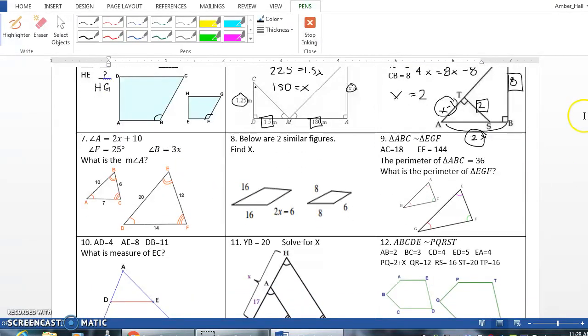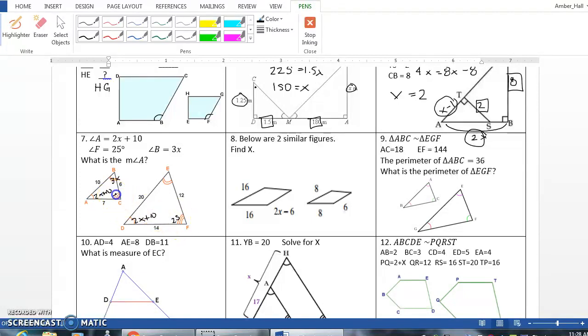Number 7. Angle A is 2x plus 10. Angle F is 25. Angle B is 3x. What is the measurement of angle A? Well, to find the measurement of angle A, we need to solve for x. A is congruent to D, so this is also 2x plus 10.